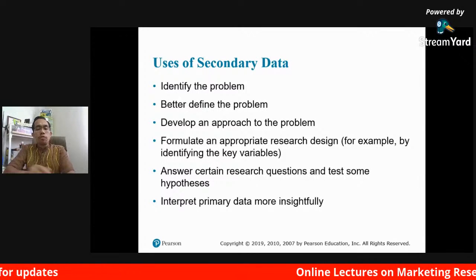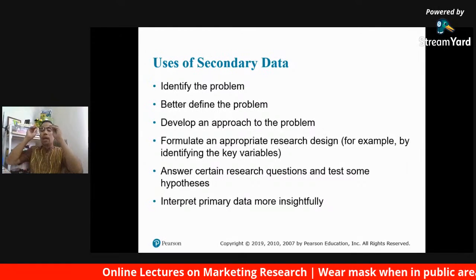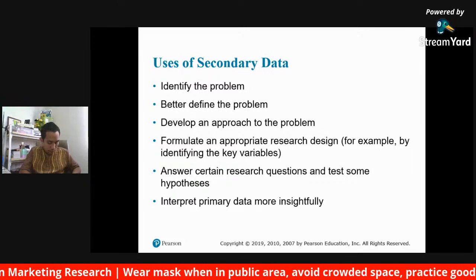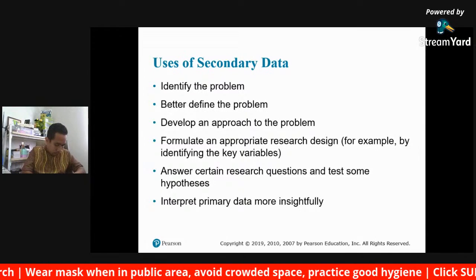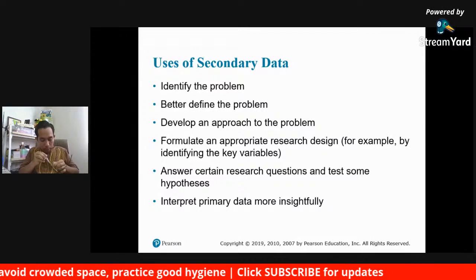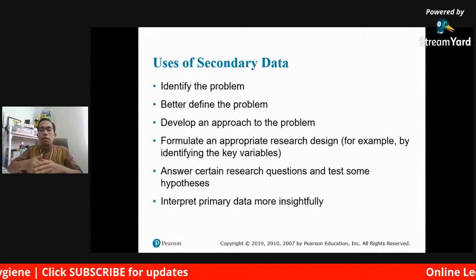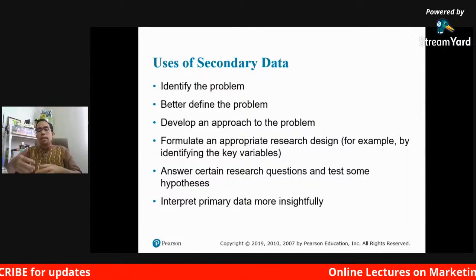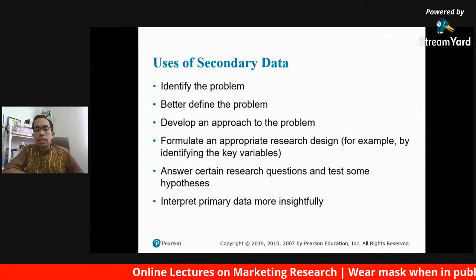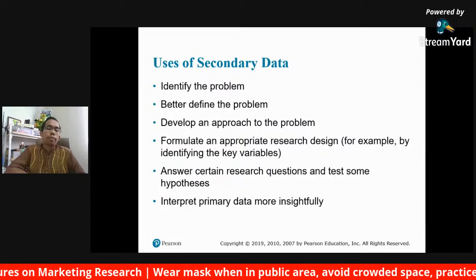Uses of secondary data, or in other words, what are the benefits? What is so good about getting secondary data? First of all, when you have data that already mentions something near or close to what we have discussed, we can easily identify the problem.